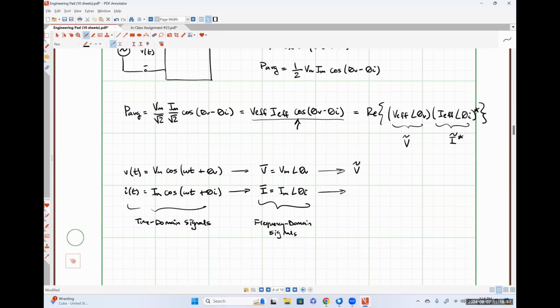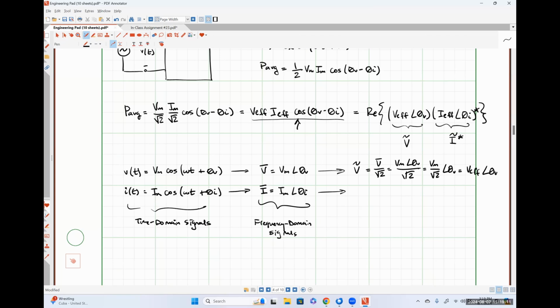So our RMS phasor voltage, that's V with a tilde over it, is literally nothing more than our phasor voltage V divided by a factor of the square root of 2. So that would be Vm angle theta V all divided by root 2, which is the same as Vm over root 2 with an angle of theta V, or simply V effective with an angle of theta V.